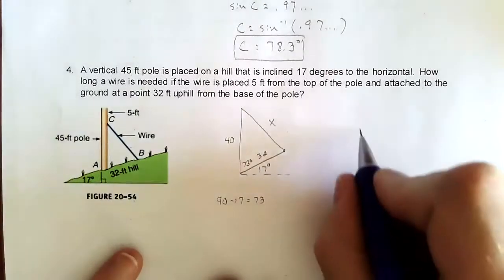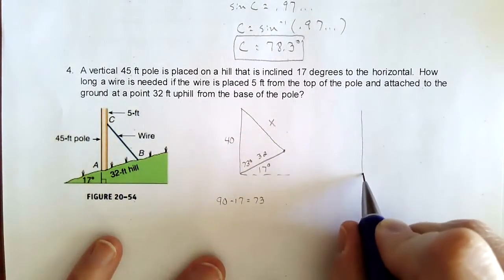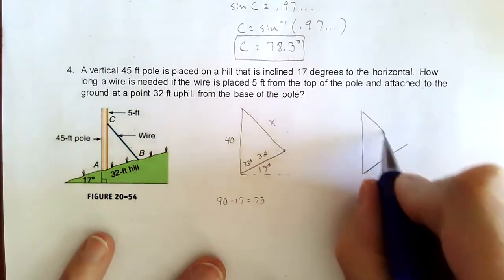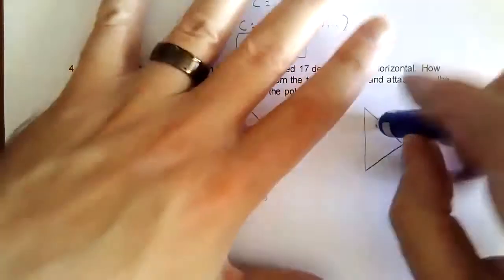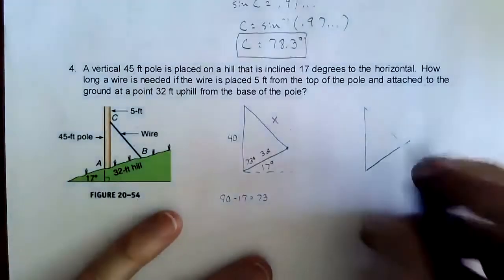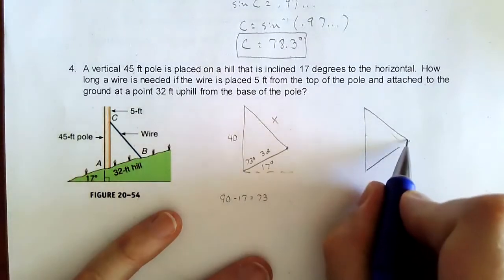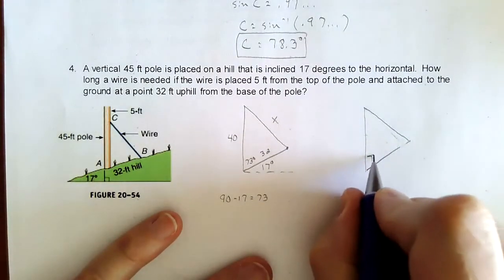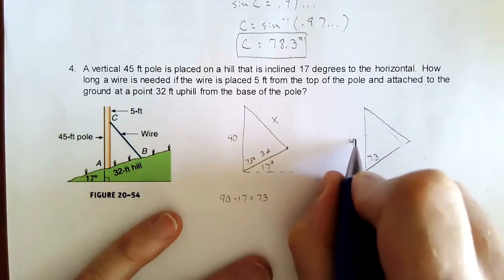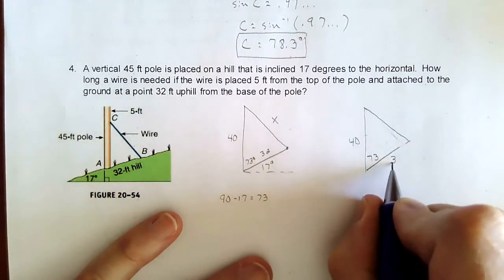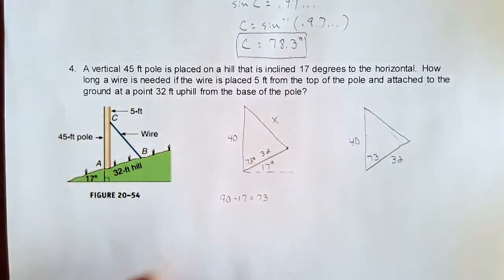All right, so let me redraw. Let me knock out some of the noise here. There we go. Okay, so if that's 73 degrees, that's 40, and that's 32. And we don't have a right triangle.